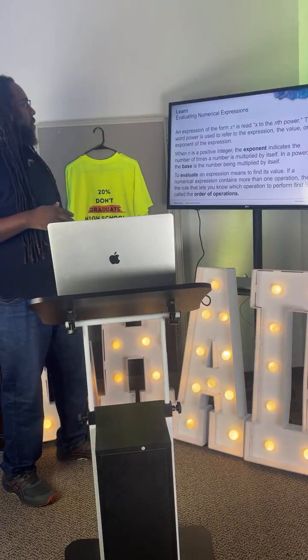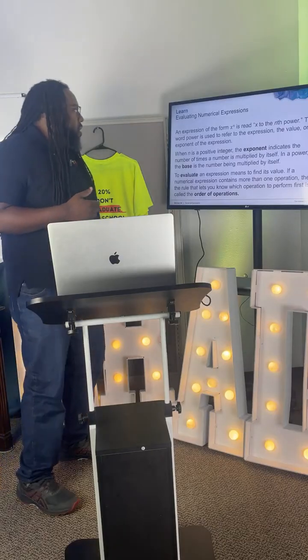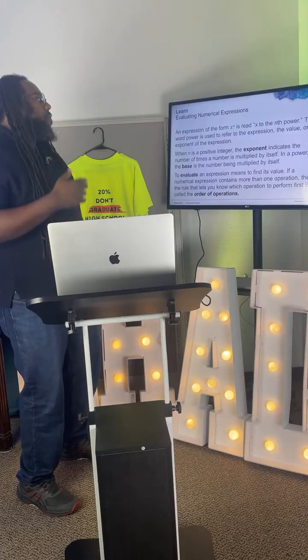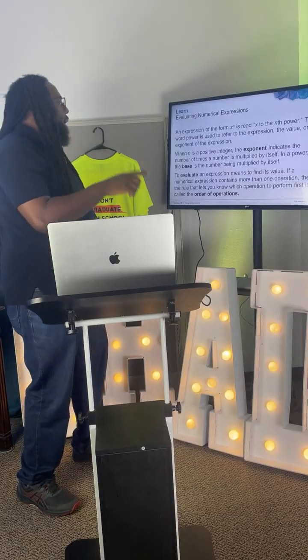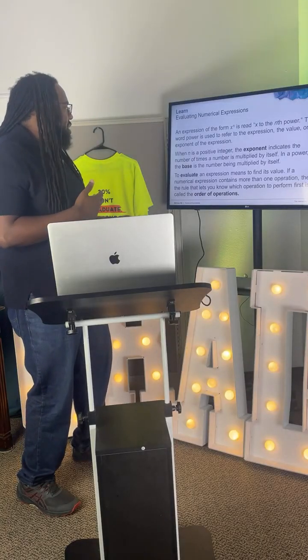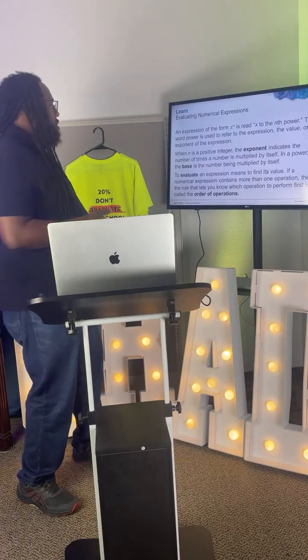All right, so now we're going into exponents. An expression of the form x to the n reads as x to the nth power. The word power is used to refer to an expression or a value or the exponent of the expression.